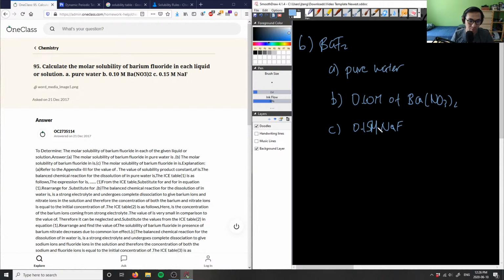So in pure water, for A, I would have to look up the molar solubility for barium fluoride, because I'm not given a specific concentration. Let me look that up for you.